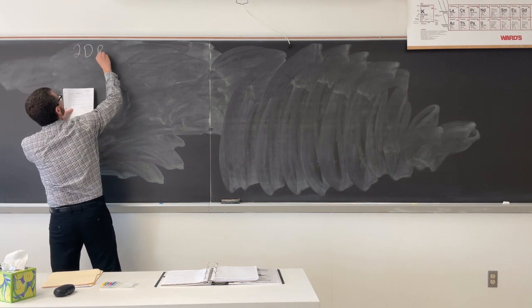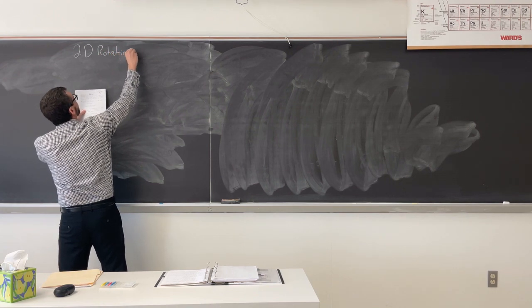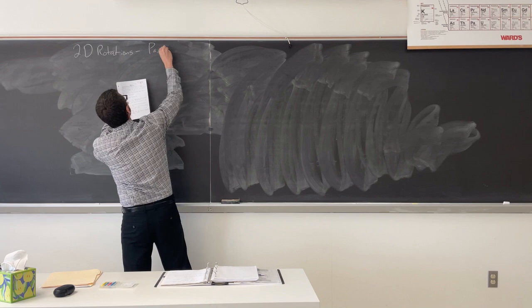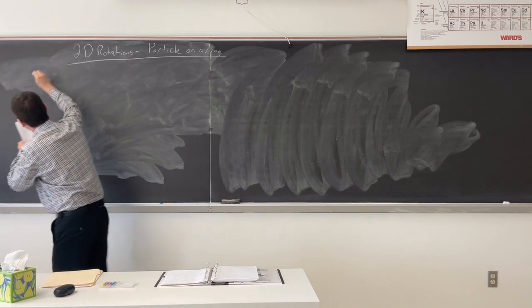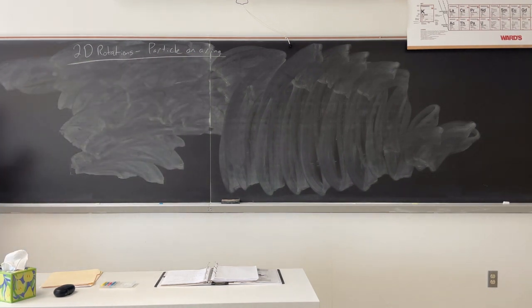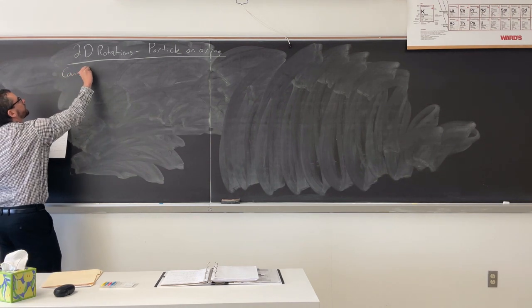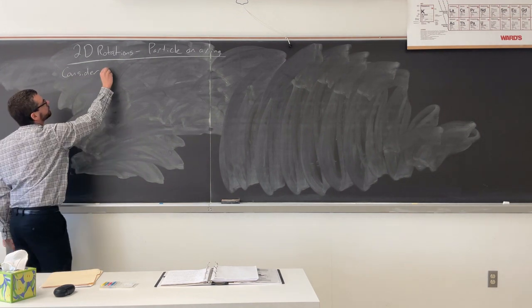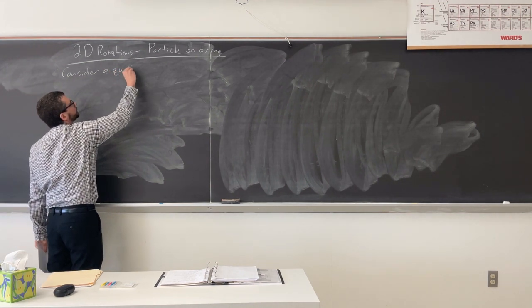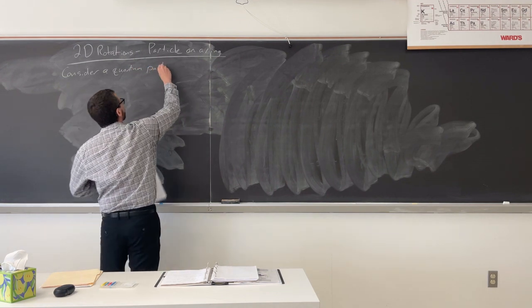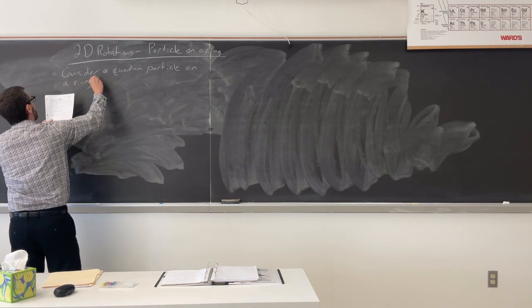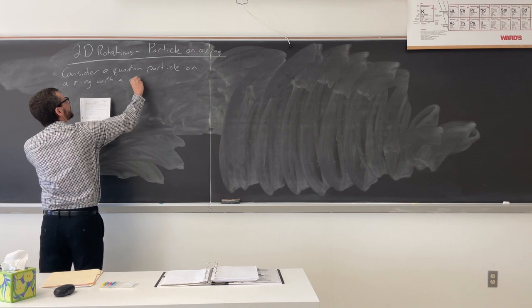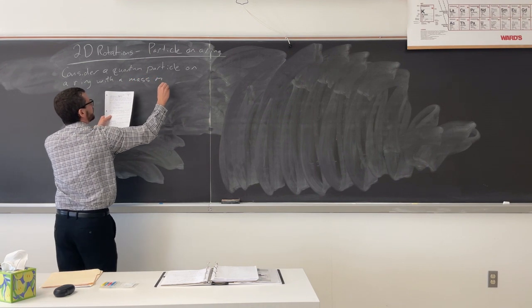So, 2D rotations. Let's talk about a particle on a ring. All right, we're going to consider a particle in a ring. Excuse me, a quantum particle in a ring, with a mass m.